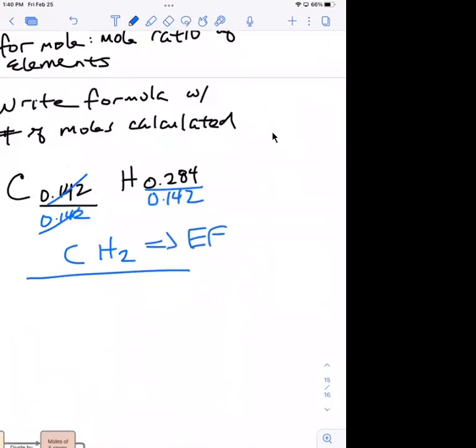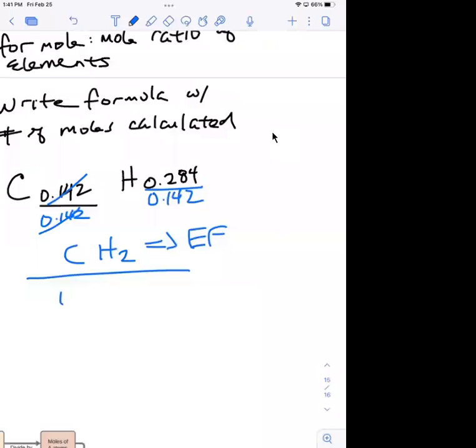The molecular formula gives you all the atoms with all their subscripts, so you'll know exactly how many. It's more precise. The empirical formula is just the relative amounts of the atoms present. It's not the same as the molecular formula, even though you can calculate the molecular formula from the empirical formula, which we're going to do later.